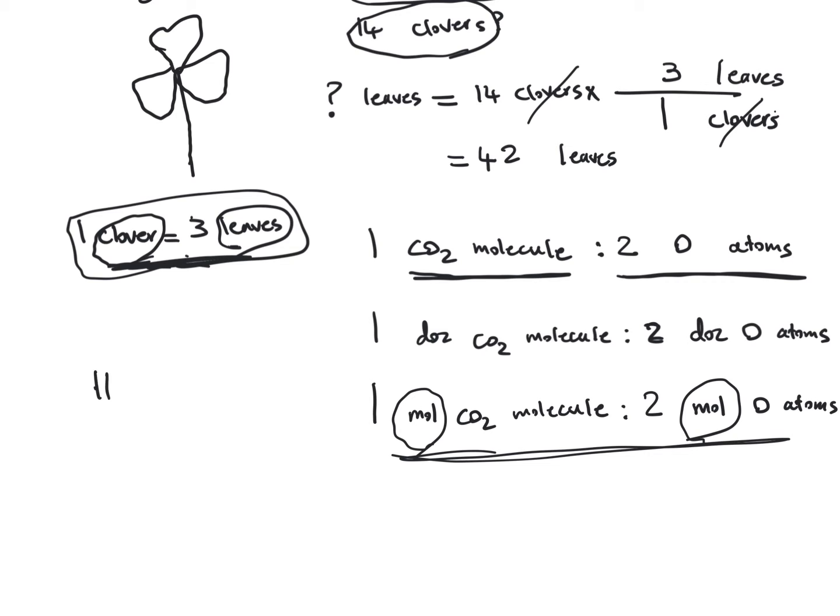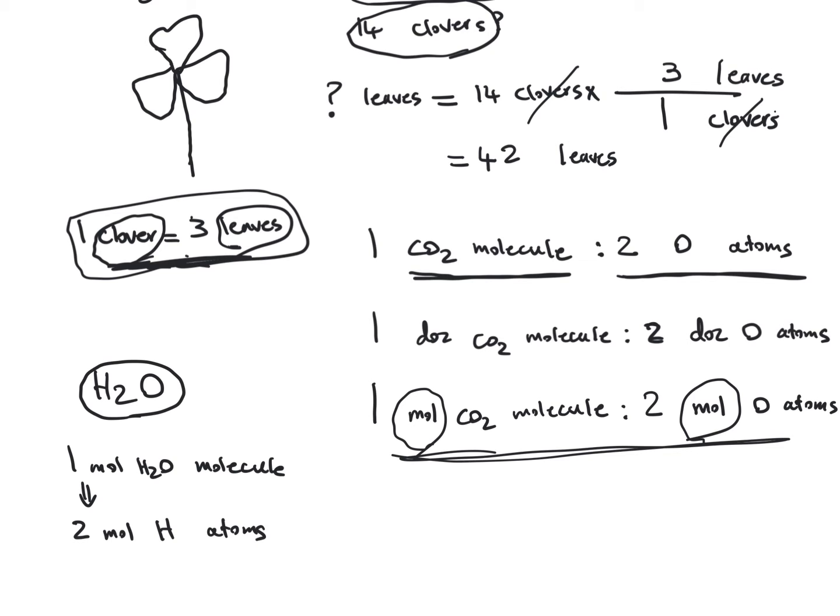So for instance, for water, you can say 1 mole of water, H2O, molecule corresponds to 2 moles of hydrogen atoms, and it corresponds to 1 mole of oxygen atoms.